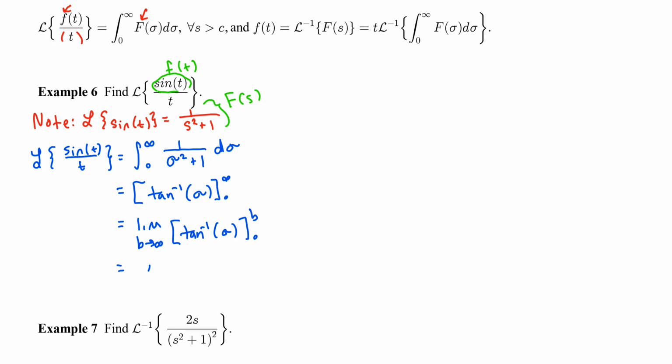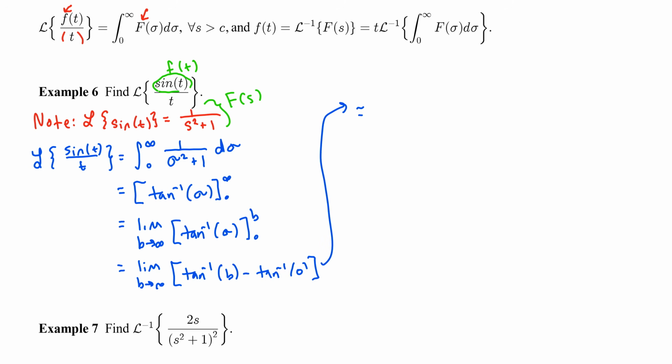Applying the fundamental theorem of calculus, we evaluate this as the limit as b goes to infinity of inverse tangent of b minus inverse tangent of 0. Thinking about the unit circle, or the graph of inverse tangent, the limit as b goes to infinity of inverse tangent of b is pi over 2.